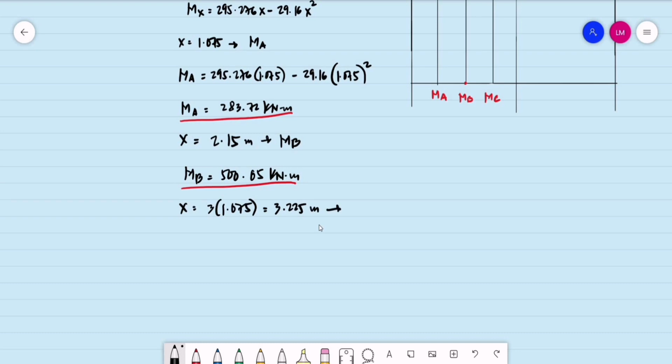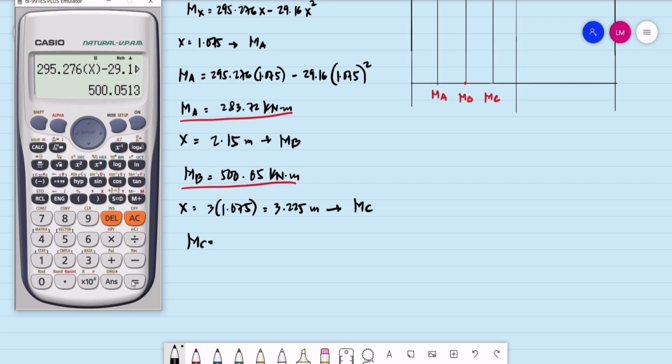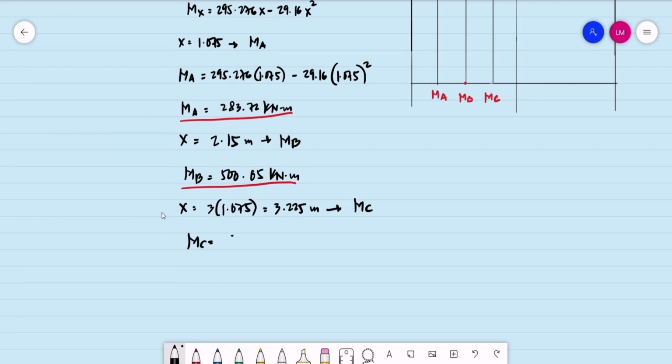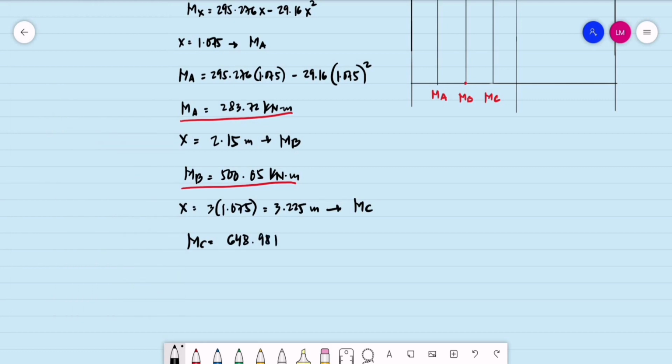So at that point, we have the moment at C. Again, from our calc function, we have the value of x as 3.225 meters, and that is equal to 648.98 kilonewton meter.